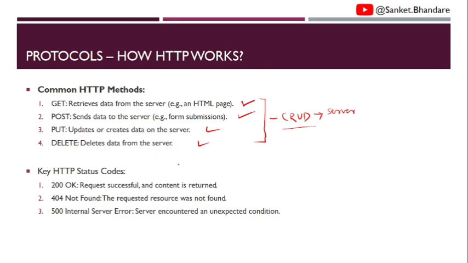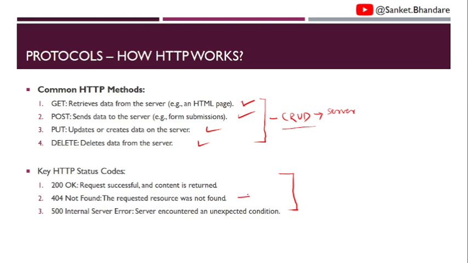Then some key HTTP status codes are as follows. So whenever we request anything to the server, some response is generated and sent back to the user. So when you type any random things in the URL of the browser, you will get a 404 error, which denotes that requested resource is not available.